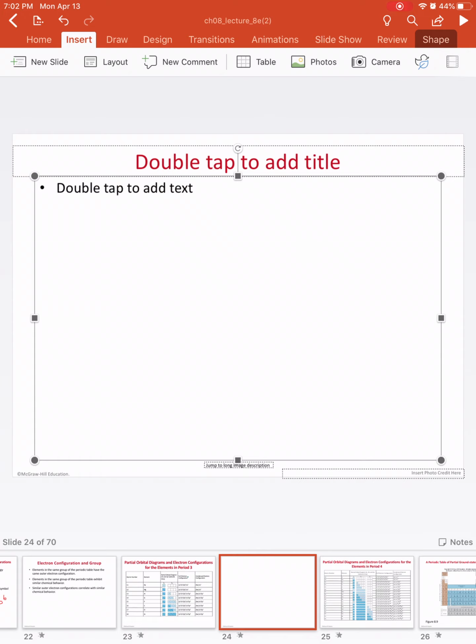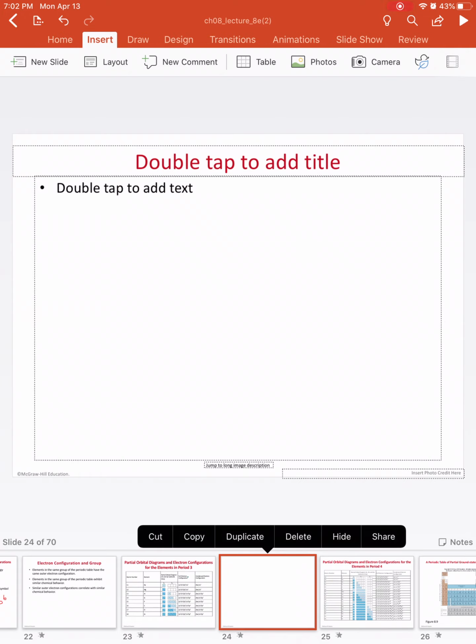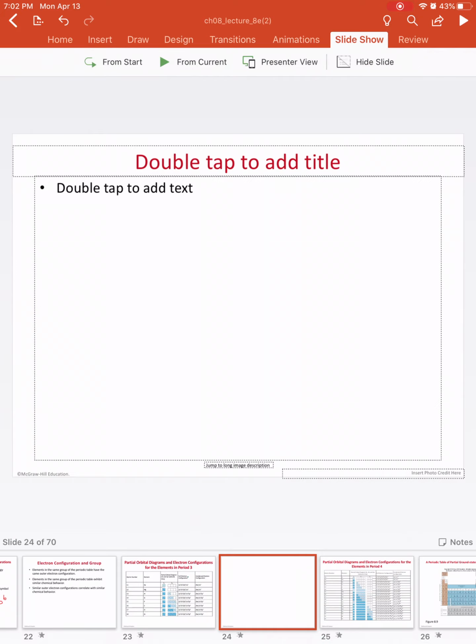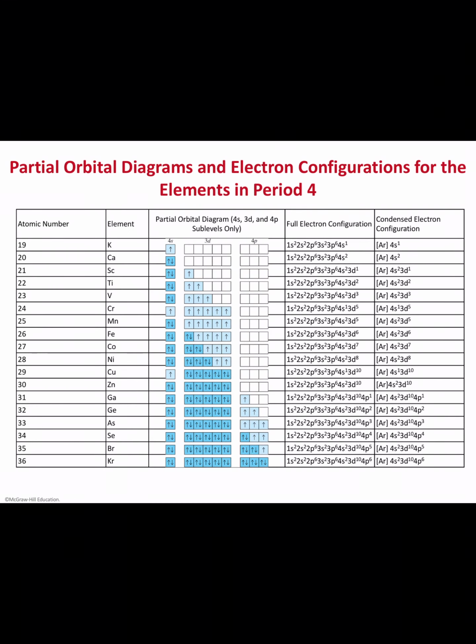Okay, so let me show you how we can fill up the electrons. Let's say you want to draw the electron configuration for, okay, so let's take an element in period 4. Let's say you want to draw the electron configuration for nickel.